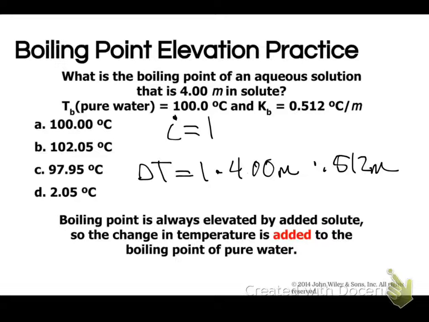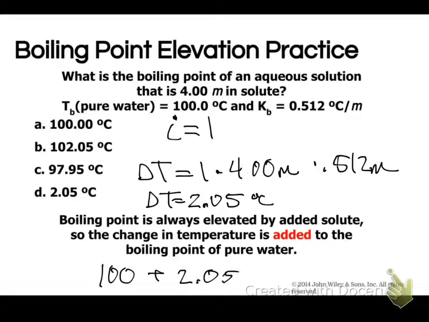And so we end up with 2.04 as our delta T. Oh, sorry, 2.05 is what I got. Degrees Celsius. And that's not the boiling point, though. The boiling point is always added. So we get 102.5 degrees Celsius. So be careful that you didn't pick D. It's very tricky, and they will do that to you on your final, so pay attention.